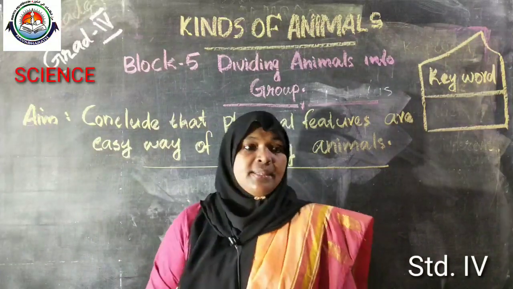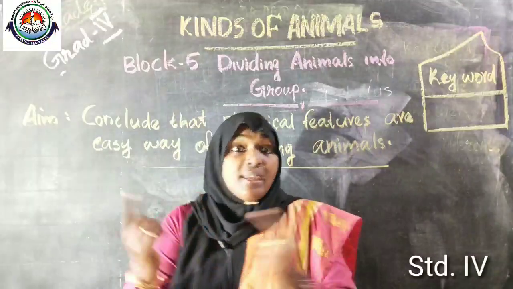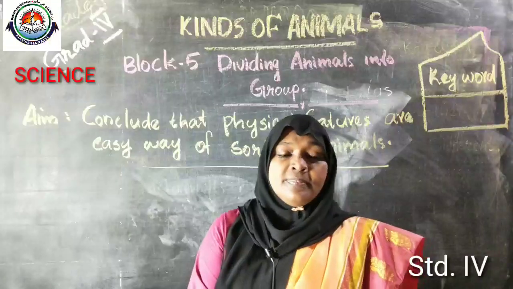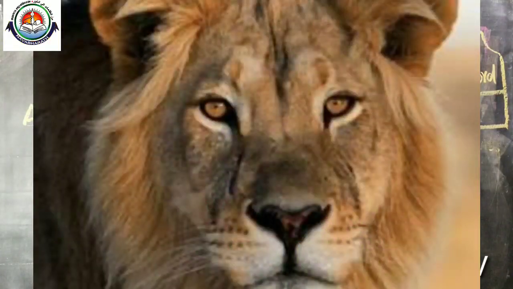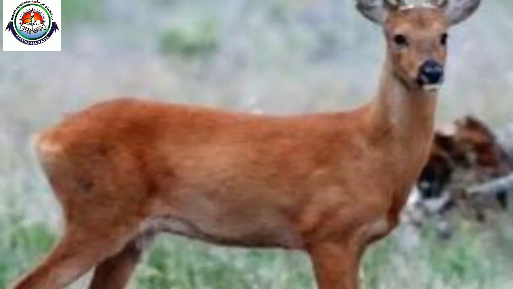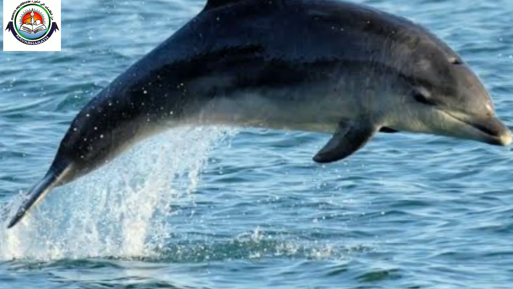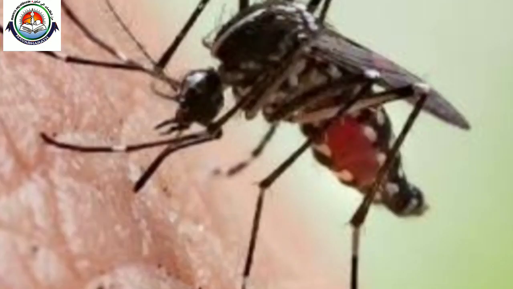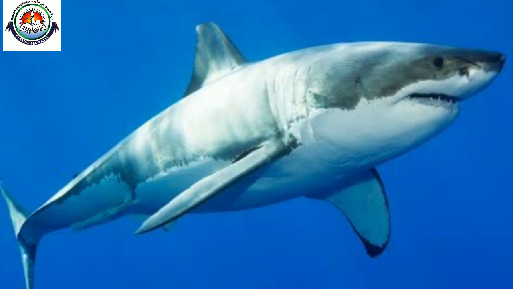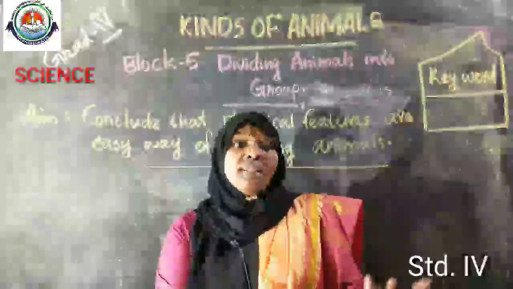Clear? Yes. Similarly, can you name some animals? Lion, tiger, deer, cat, dolphin, crab, mosquito, shark, many animals. How are they different?